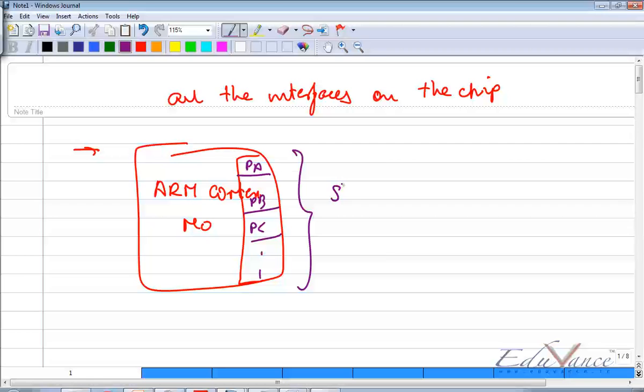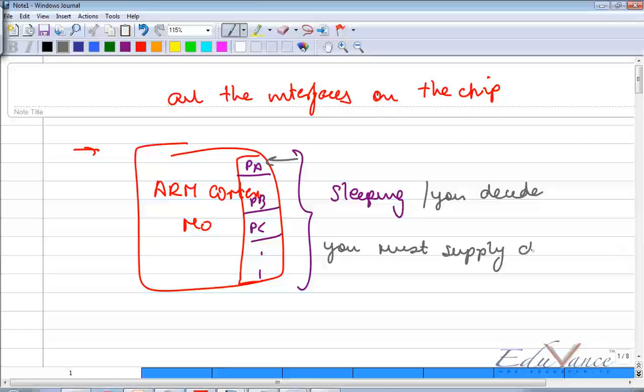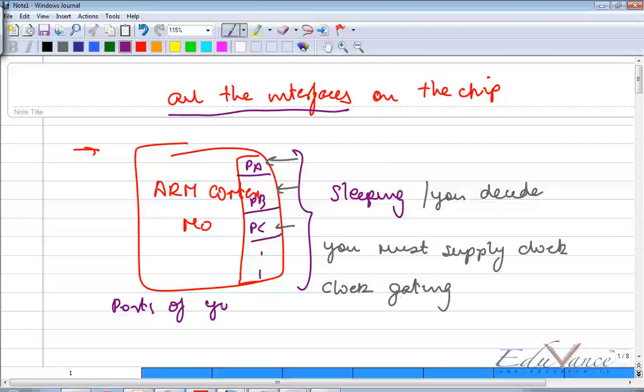Even these ports are sleeping initially, and only when you decide to wake up any of these ports, you must supply clock to your port which you choose using the same clock gating concept. So now it is applicable to the interfaces and also to the ports of your microcontroller.